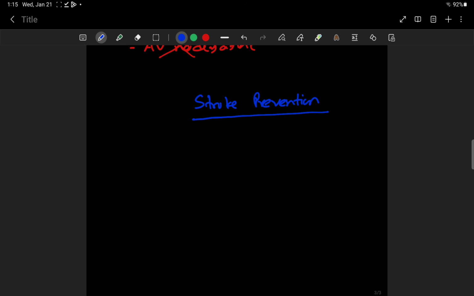You will start this anticoagulant drug 4 weeks before cardioversion, and you will continue a minimum of 3 months. That is your duration of treatment with anticoagulation.